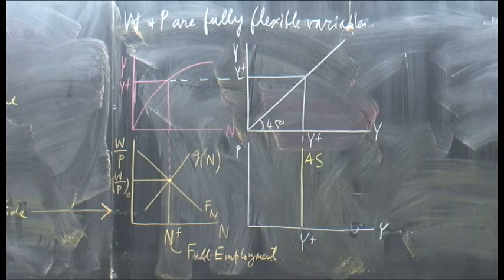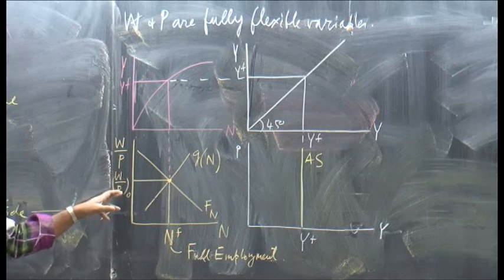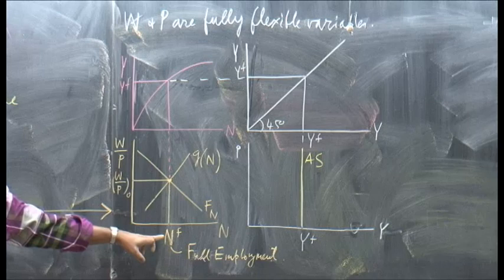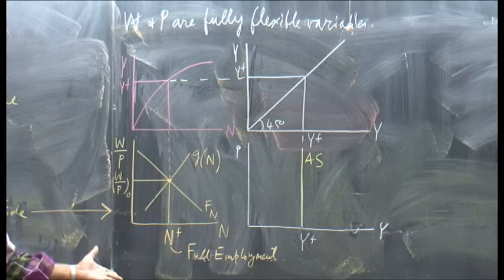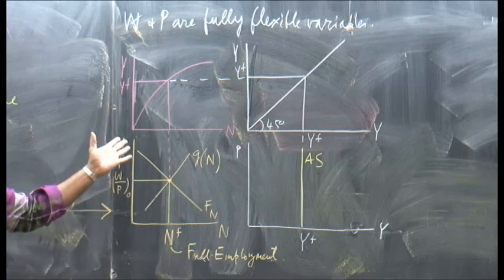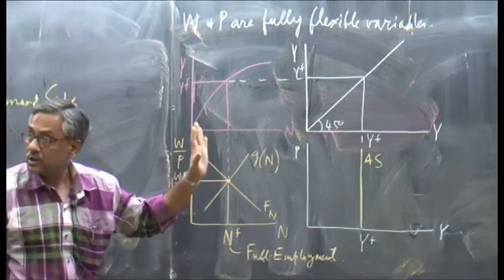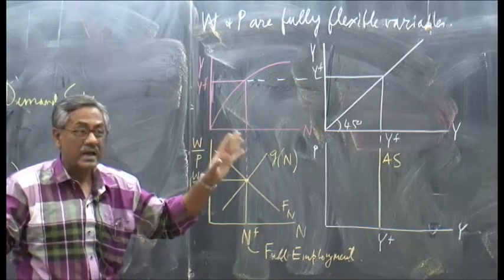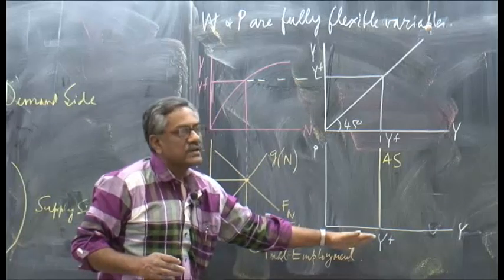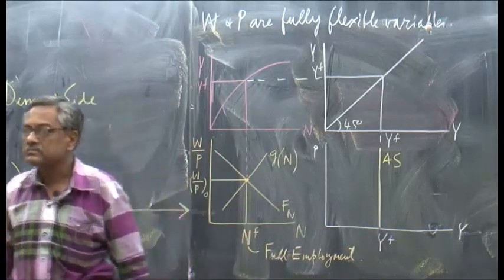If prices double, then in the labor market wages also double, so real wages don't change. If real wages don't change, then the other variable on the x-axis, NF, also doesn't change, which means YF doesn't change, unless the production function changes, which I'm not assuming right now; technology is given, capital is given. Therefore, I have the aggregate supply curve in the classical model as a vertical line.